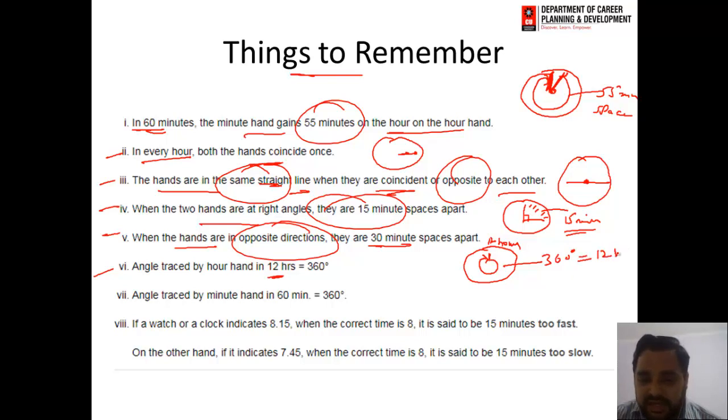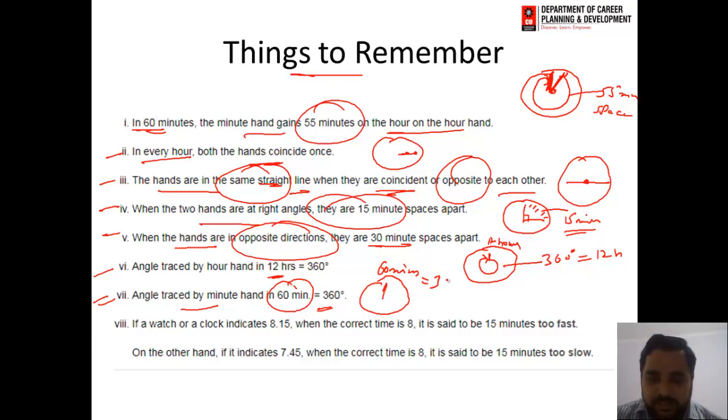Hence we can say 12 hours distance is 360 degrees. Next, the angle traced by the minute hand in 60 minutes is 360 degrees as well. There are 60 minutes in one round, so it equals 360 degrees, that is the angle subtended for a circle.